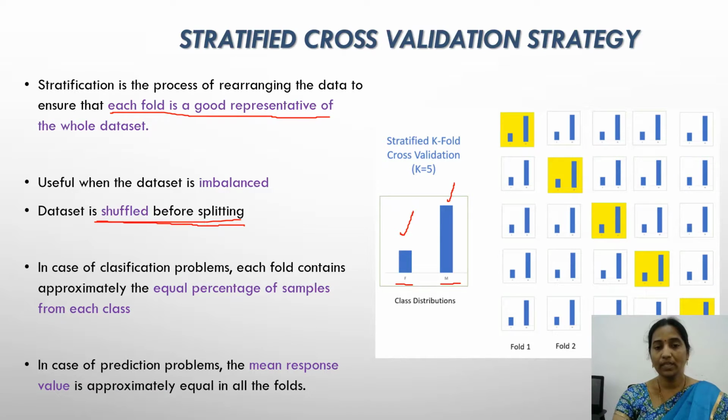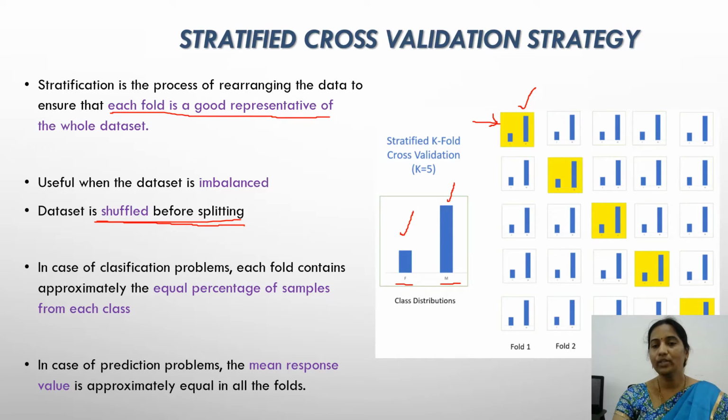And one more thing, if we observe each fold, here this is the first iteration, and it's actually a 5-fold cross-validation. In the first iteration, our original data set contains, assume, 20% of the samples belonging to females and 80% belonging to males.